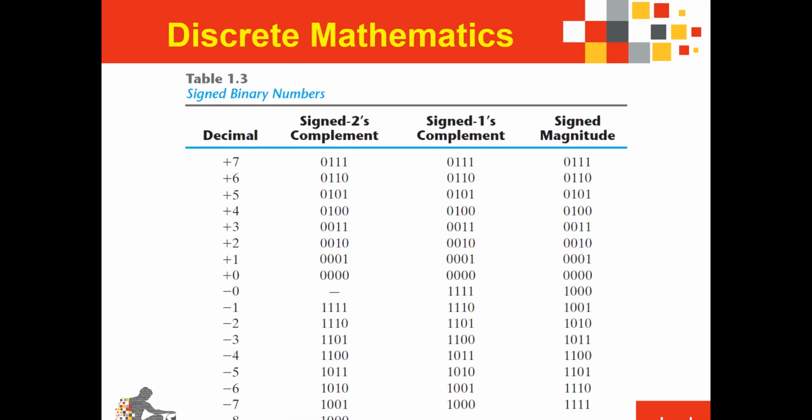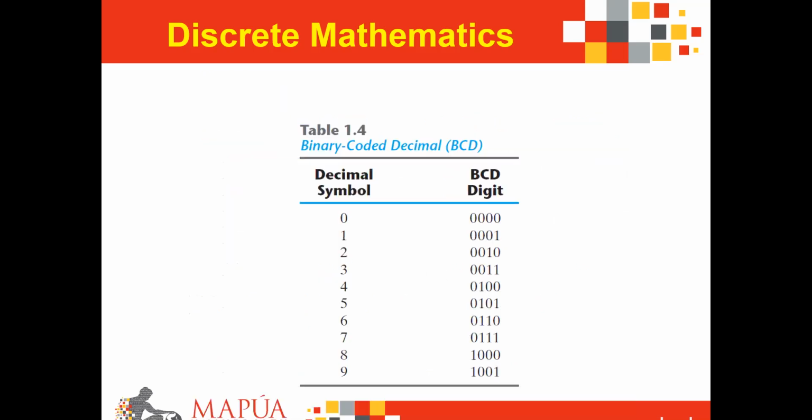The different signed binary numbers are seen here, and as you could see, negative numbers are also represented in binary. There are different binary coded decimals that are often applied in computers, one of which is called the binary coded decimal, whereby each digit represents only values 0 to 9.